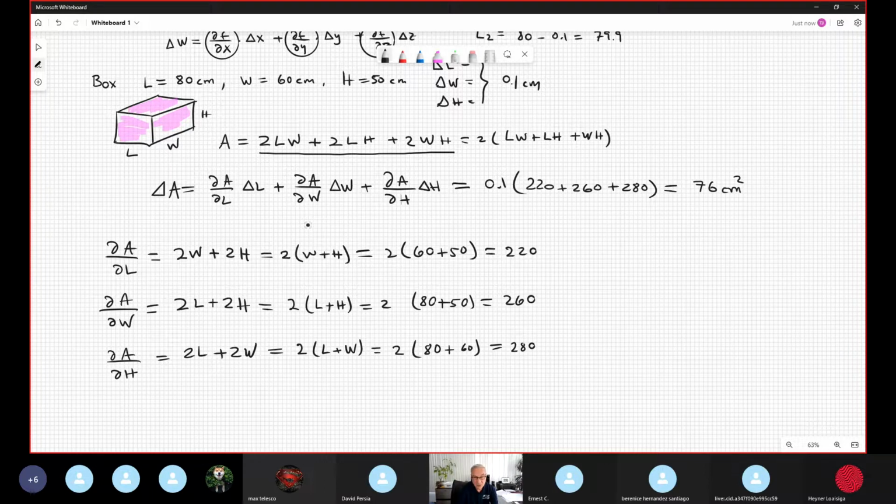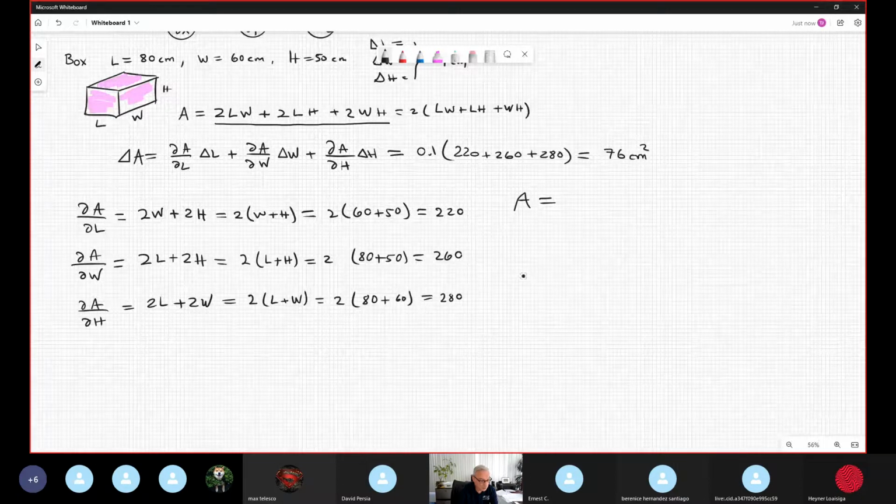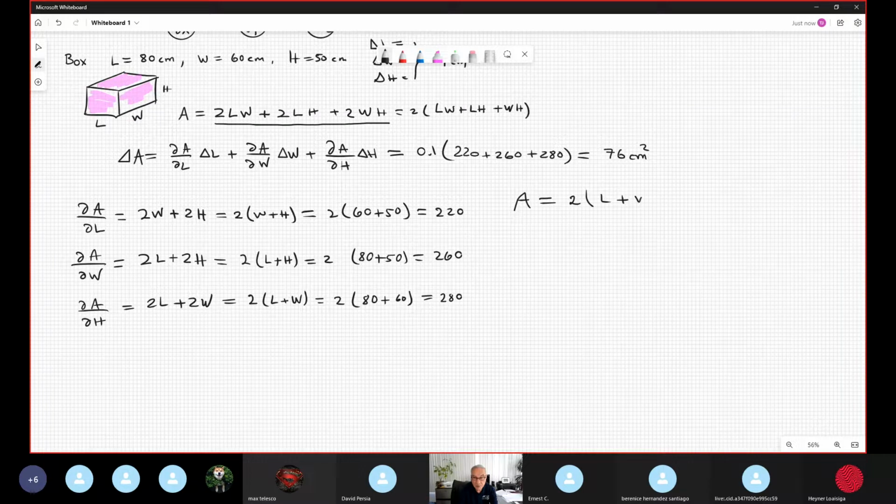Wow, it's too big. No, it's not too big, because to see whether what we're doing is good or not, let's compare with the area. The area is just the multiplication, no? The area is equal to 2 times, sorry, mistake, that formula.